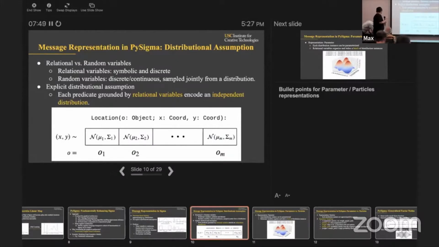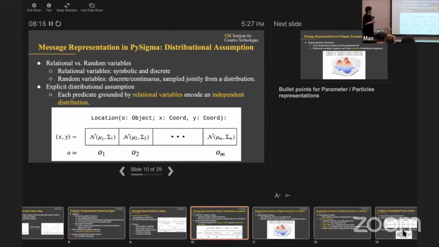Basically, we view relational variables as the symbolic and discrete things that describe discrete concepts or objects in the world. Whereas the random variables may be discrete or may be continuous, but the assumption here is that they are sampled jointly from certain distributions. And therefore, here we have the explicit distributional assumptions.